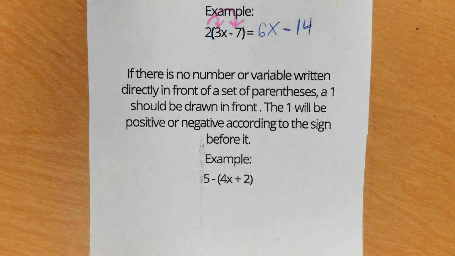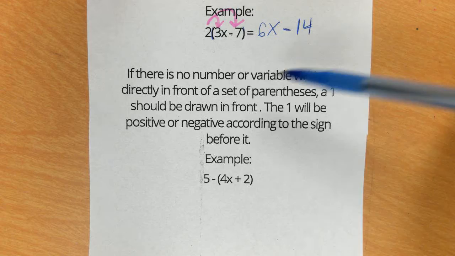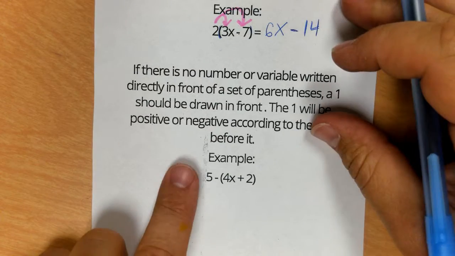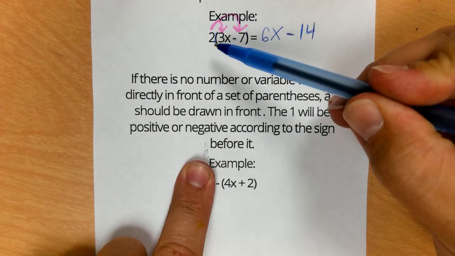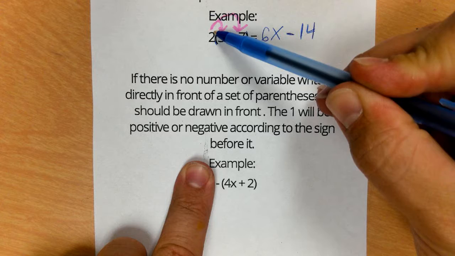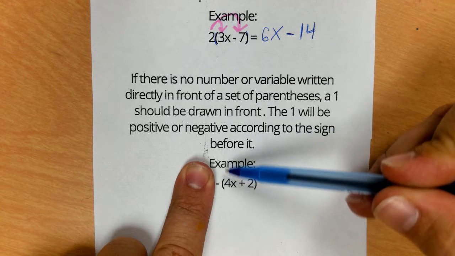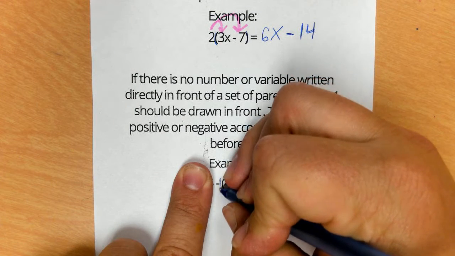Let's try it again. If there is no number or variable written in front of the parentheses, like right here we have 5 minus, right? In the last one there was a 2 right in front of that bubble. There's no number right in front of this bubble, but it's implied that there's a 1.